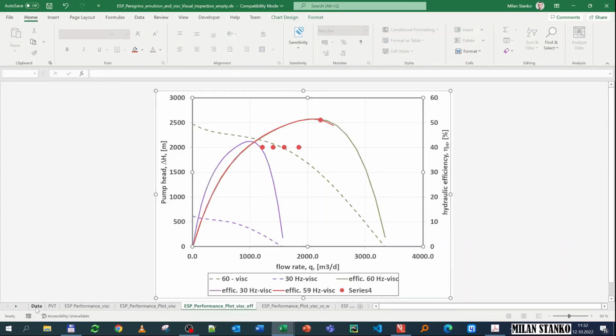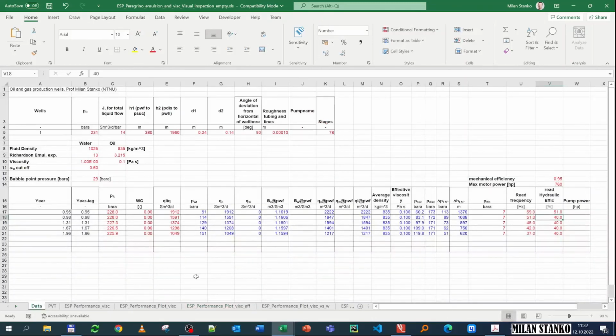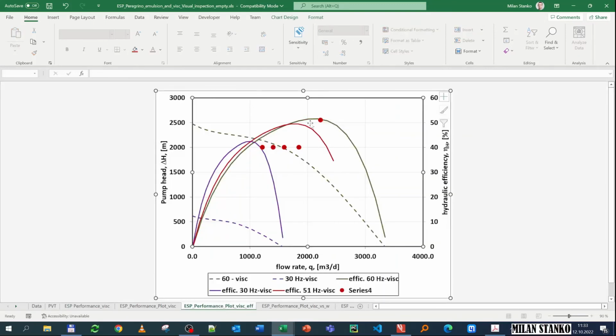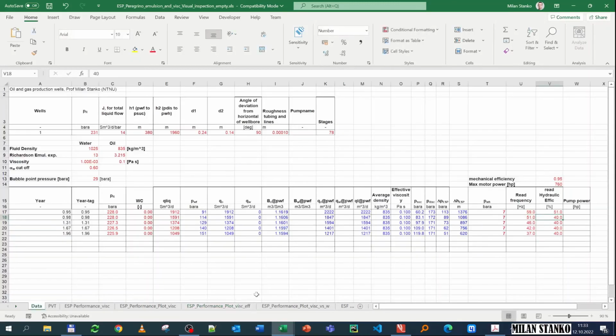Now let's change the frequency to see the second point, which is 51. So I will change now the frequency to 51. Okay, now the efficiency curve is changing. Now you see that the point that we have assumed 40 actually shouldn't be 40, but should be something higher, maybe 48, 49. So let's try with 48.